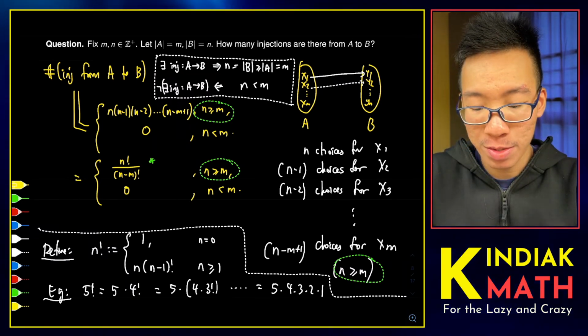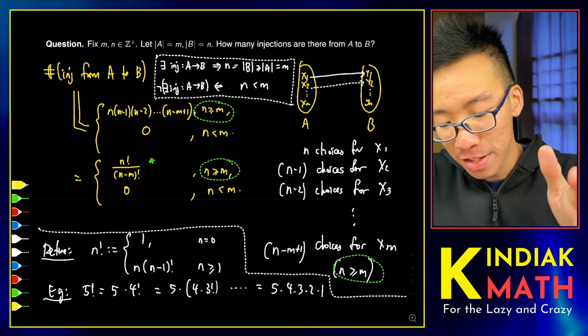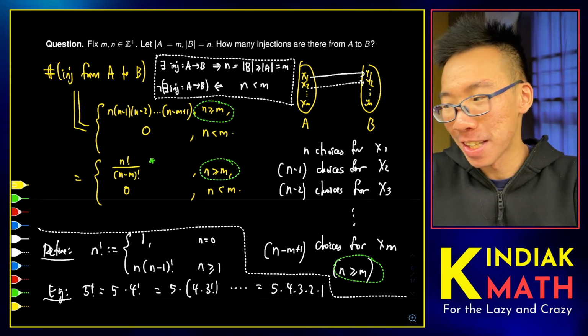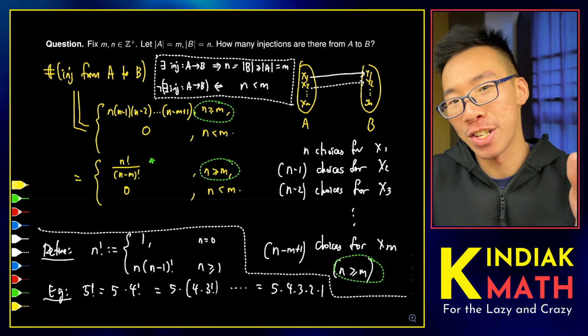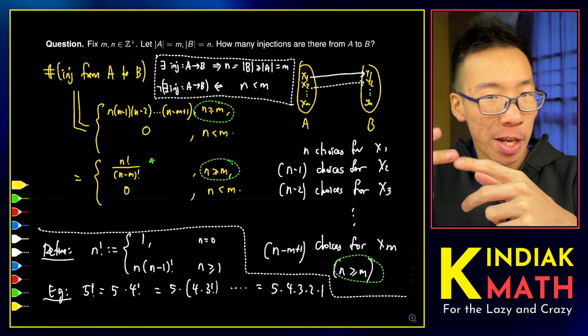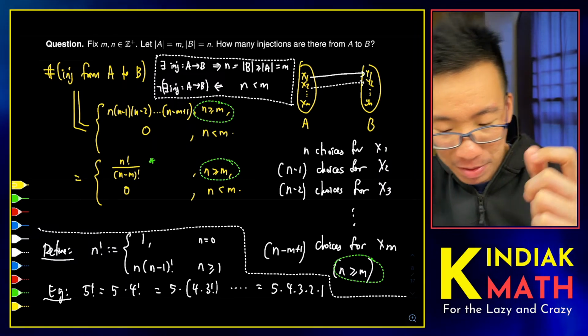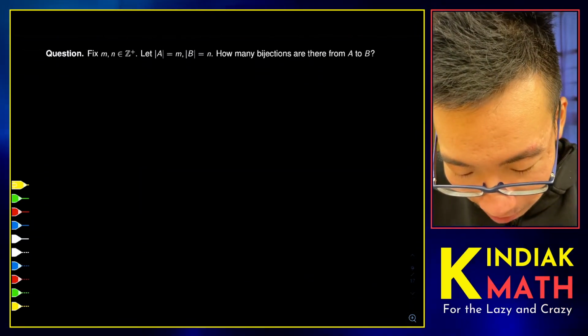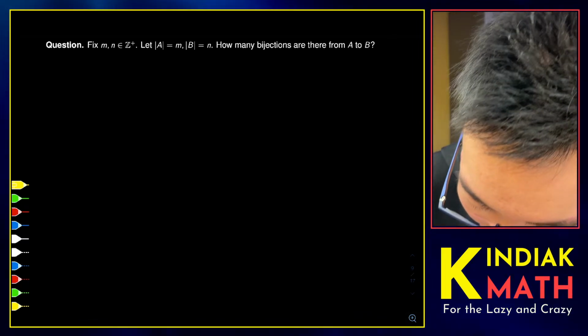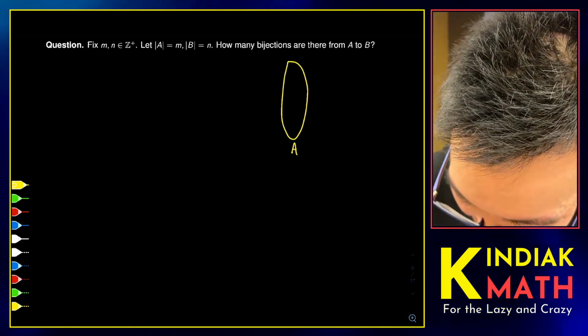Another question to ask is, if you want to talk about injections, naturally there are a few other types of functions: injections, surjections, and bijections. We're going to jump ahead to bijections because there's something a little bit sneaky over here. We'll come back to surjections in just a moment.